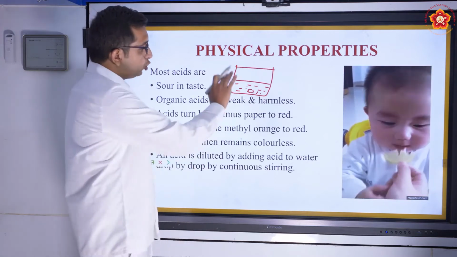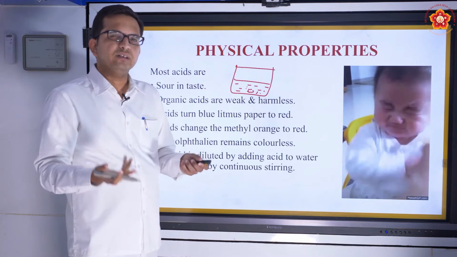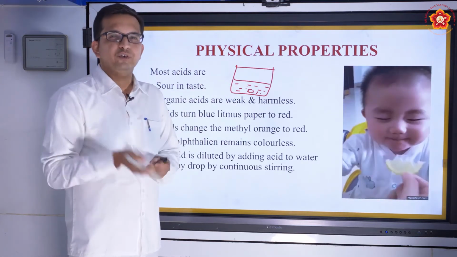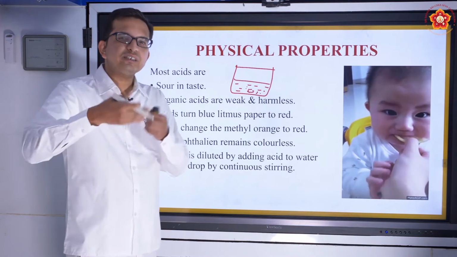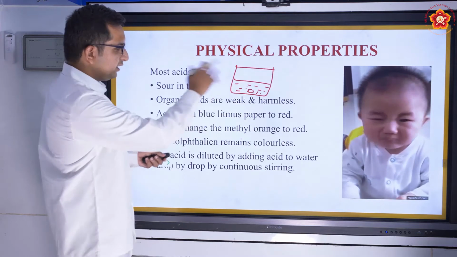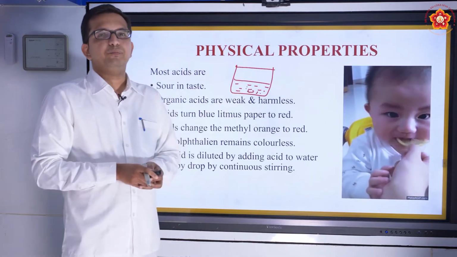Please understand, don't add any more sugar but add water. What we are doing there is diluting the solution. Please try this practically. You will feel that the sweetness of the solution has reduced. That is what we call dilution, where you can dilute various acids.